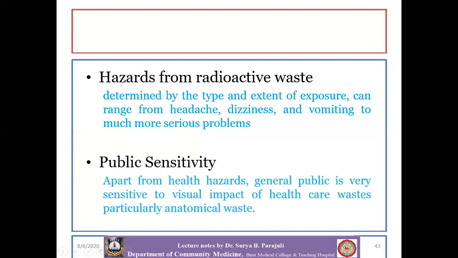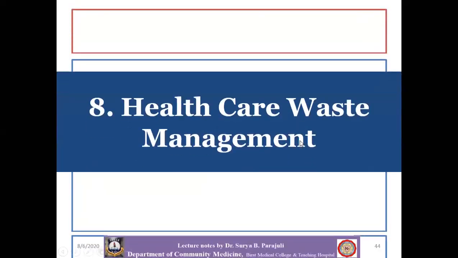Public sensitivity: if you find huge waste collected nearby your hotel or hostel or hospital or municipality, it's difficult to cross that way. We need to go another way or use masks. And we all face this problem, public sensitivity. So regarding the management perspective, now how to manage healthcare waste.